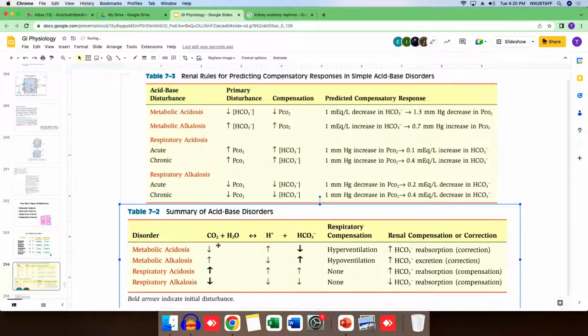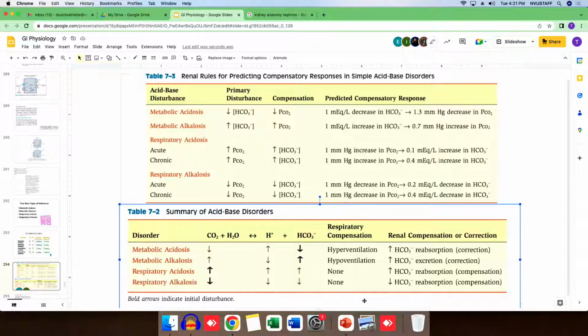And here by formula, I really like this formula that is written here to understand how it is moving. For example, in respiratory acidosis we are having high CO2, that's why we are having high protons and high bicarbonate. In respiratory alkalosis we are having low CO2, and how they can be compensated by the hyperventilation or hypoventilation, and how the corrections will be done from the renal compensation, for example.